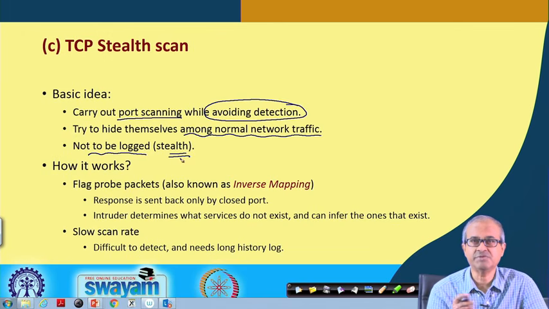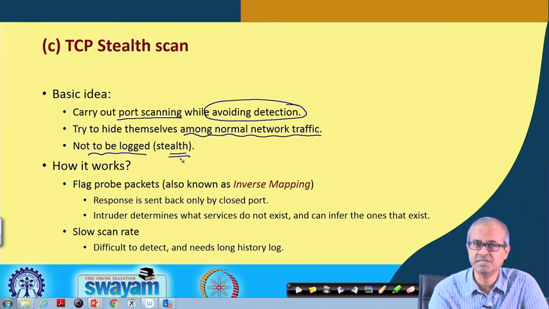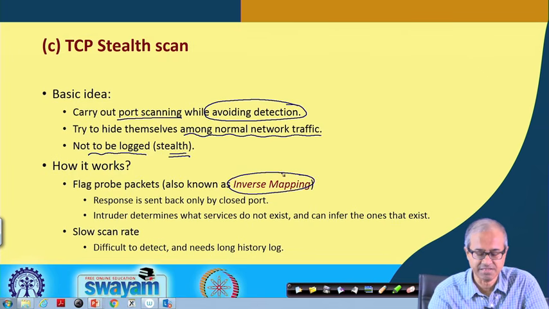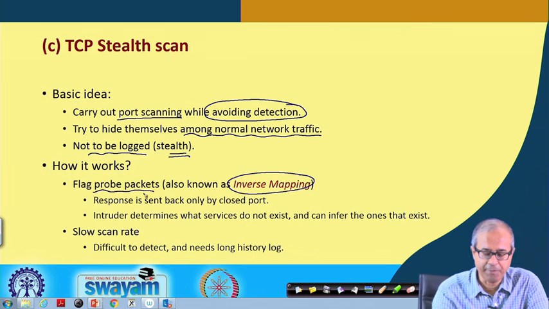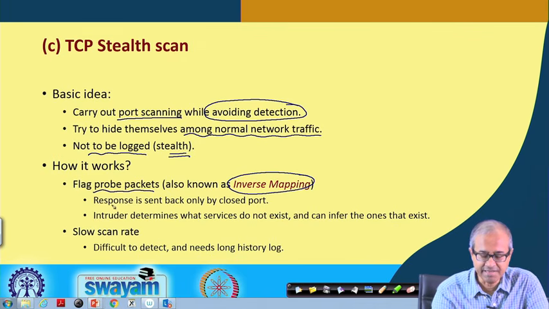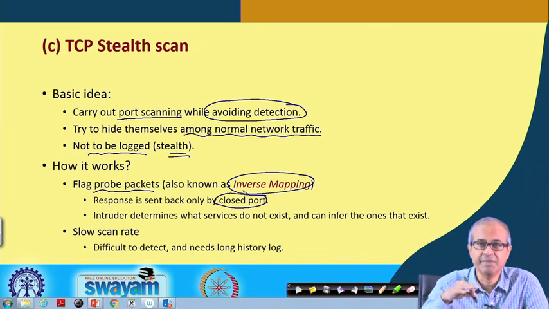And how it works, there are several ways in which you can do this. I am not going into the detail again. There is something called inverse mapping which is utilized. There are probe packets, just like the UDP scanning you saw earlier, where the response will be sent back from the target only when the port is closed. That means the reverse: if the port is open, nothing will be sent back, but if it is closed, only then it is sent back.